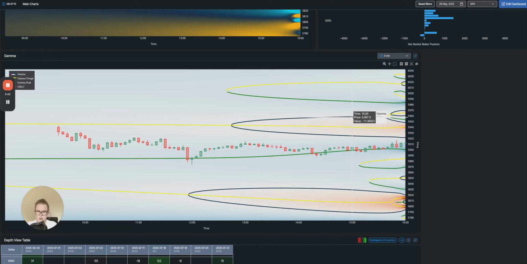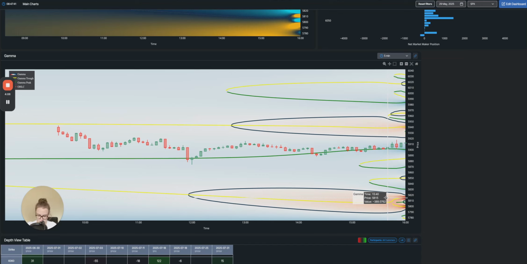Very, very simple. So where you have blue areas, we don't have any real deep blue areas. I will show you an example with a real deep blue area in a minute, but where we have blue areas, they represent positive gamma, and you can also see the value number changing as you move through here. At the moment, all this is like value 150, okay? So it's all positive.